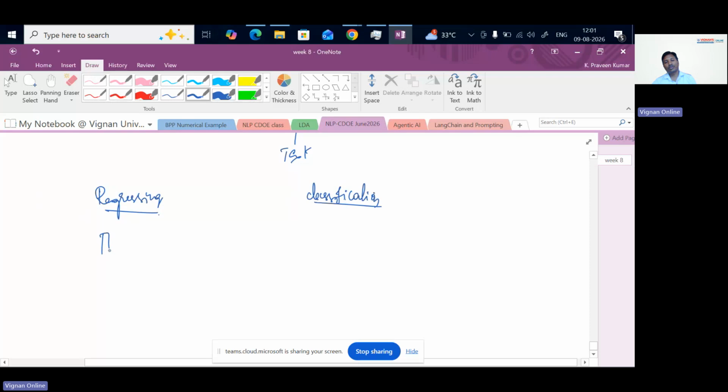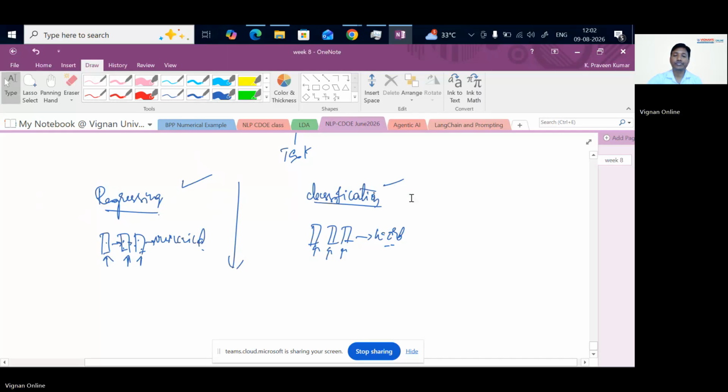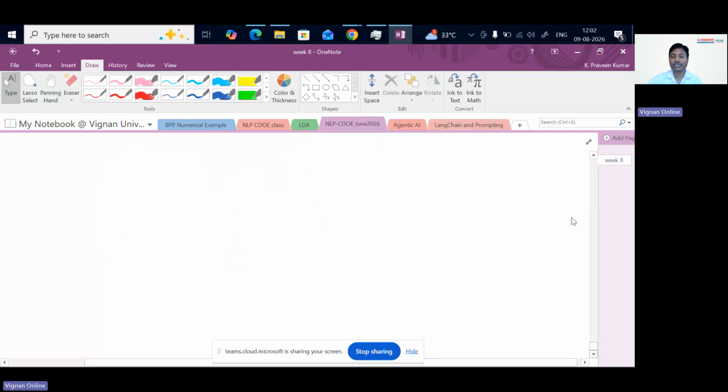In regression, you do the same thing, but the prediction is going to be a numerical value. Here, with the same concept, the prediction is going to be a word. Depending on what it is predicting, the names have changed, regression and classification. That is the only difference.